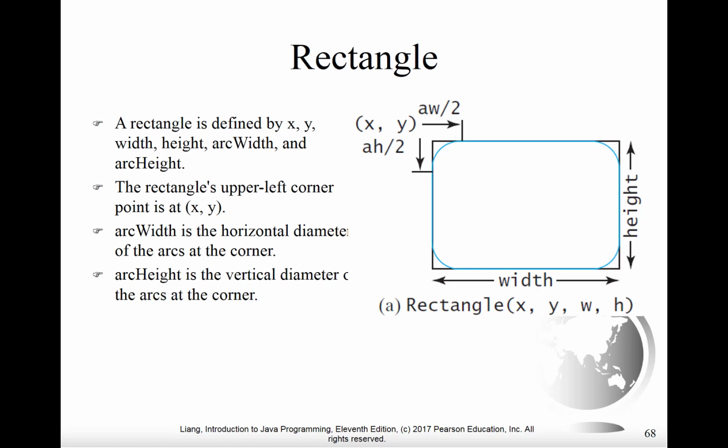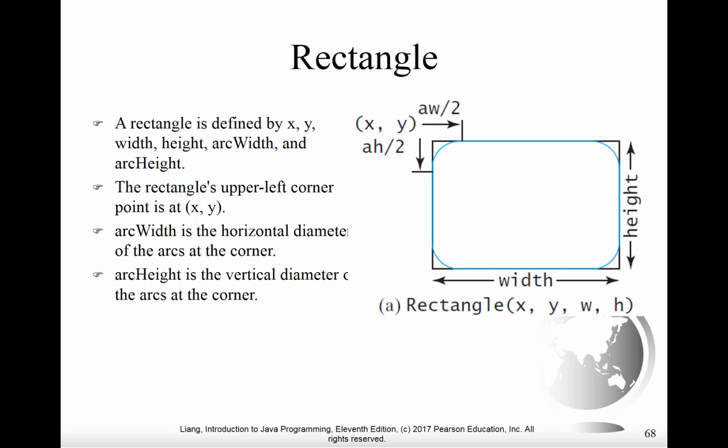So if you look on this diagram, you see arc height divided by 2, arc width divided by 2, and again, if those were the same, this would represent the radius of a circle that's tucked in the corner. That means the round part stops at a distance AW/2 from the corner and AH/2 from the corner.